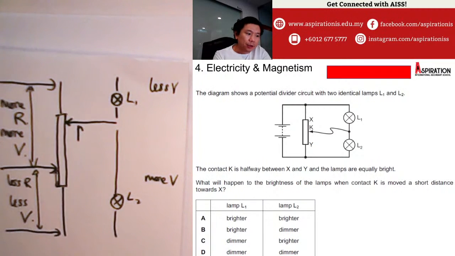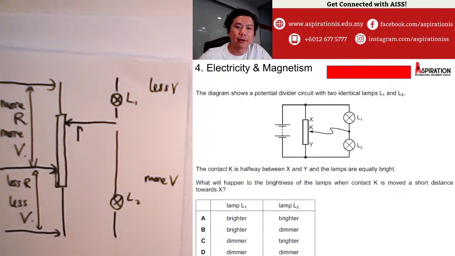So you get less voltage, so therefore L1 will be, let me see your answers, guys. Show me your answers first.